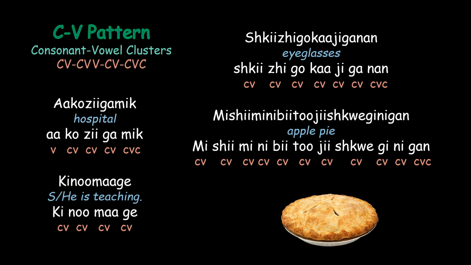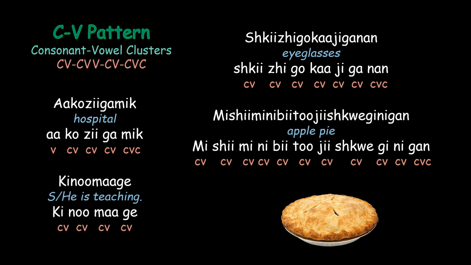The next syllable, ma, consonant being the m, and the vowel sound being the double a. And the last syllable, consonant g, and vowel e, ge. Kinomage.